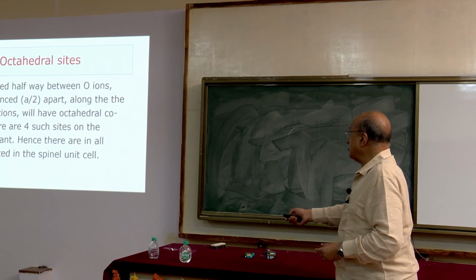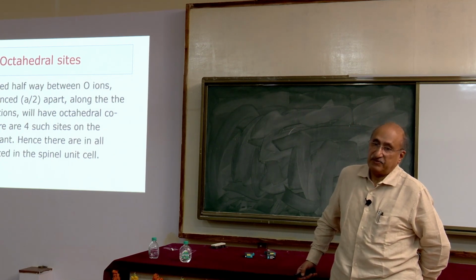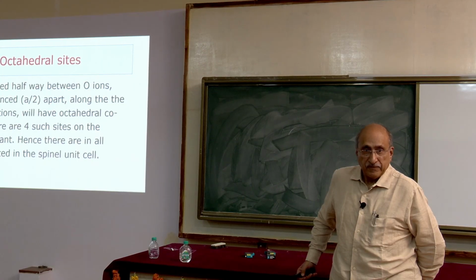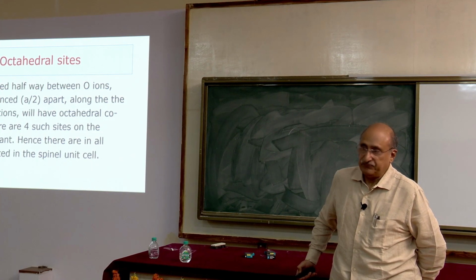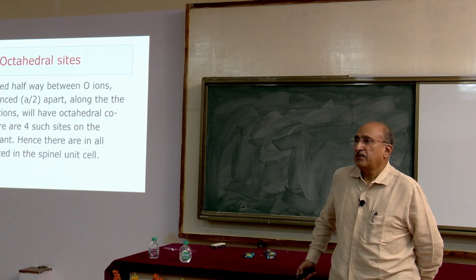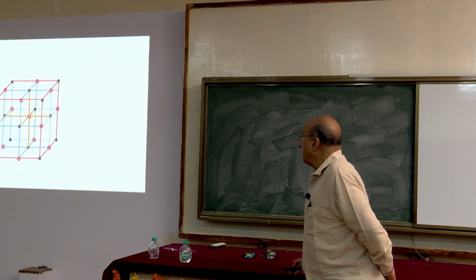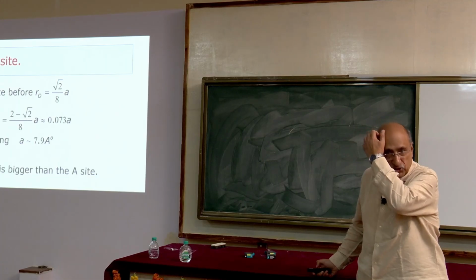There are 4 sites on average, and therefore 32 such sites in a unit cell. So there are 32 octahedral sites and 64 A sites, which are totally available to you in the structure of oxygen that has been formed. The site size is slightly bigger, 0.58 angstrom.